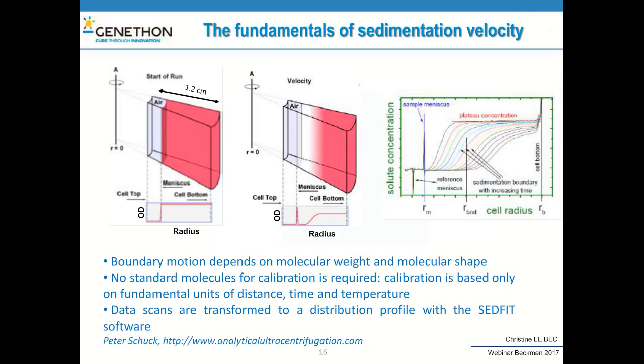The data scans, as you can see on the right panel, are collected over time, and they can then be transformed into a distribution profile. For that, you use the SEDFIT software to make a profile of your data.